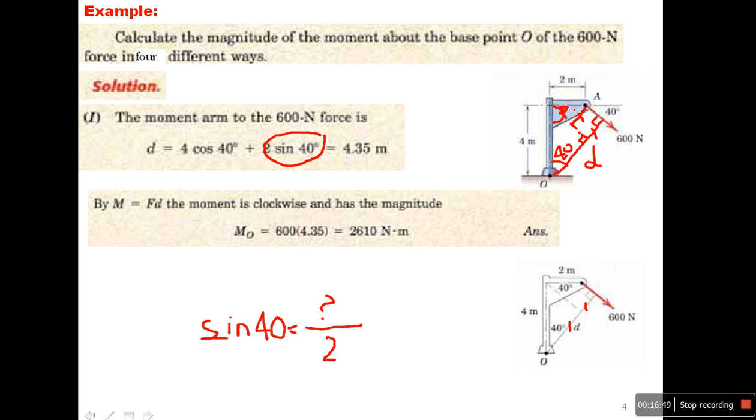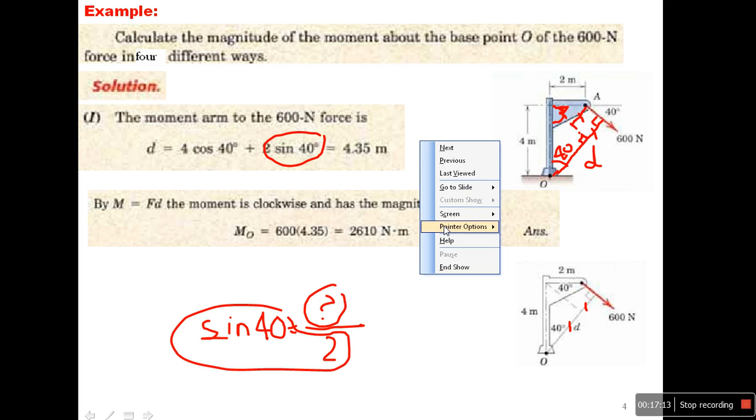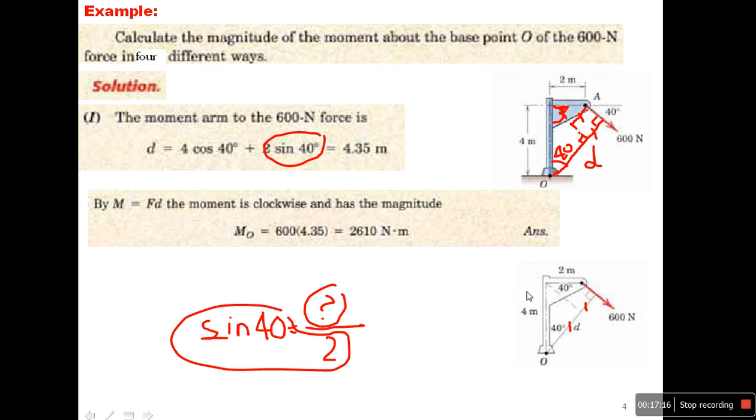This distance, so this part is equal to 2 multiplied by sine 40. Okay. What about that part?